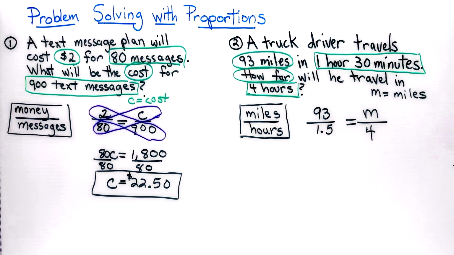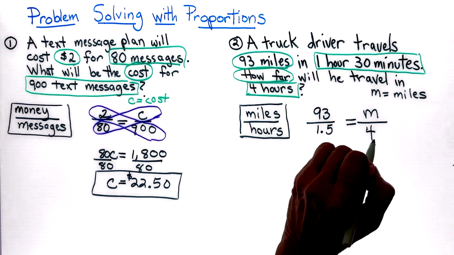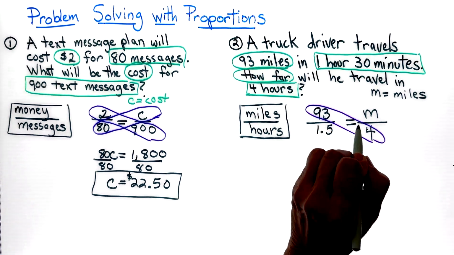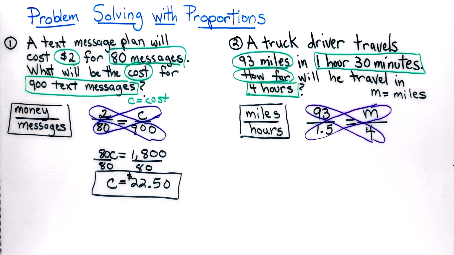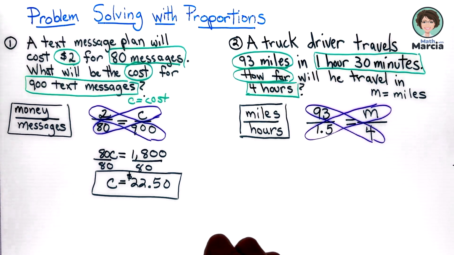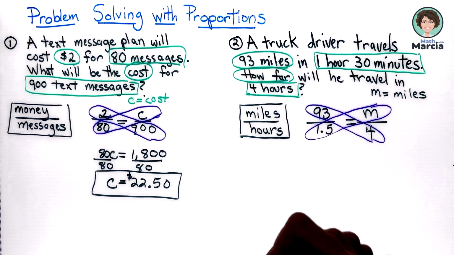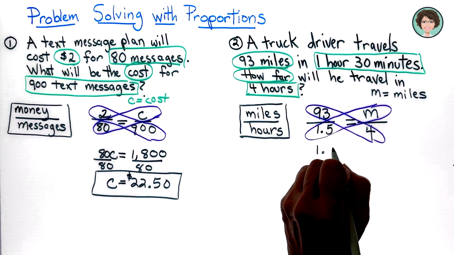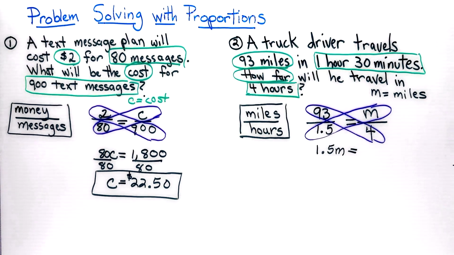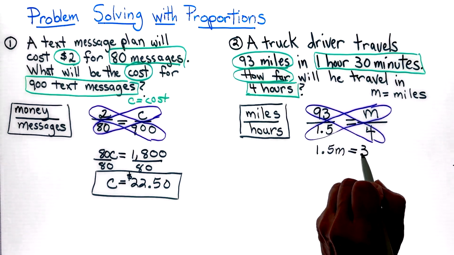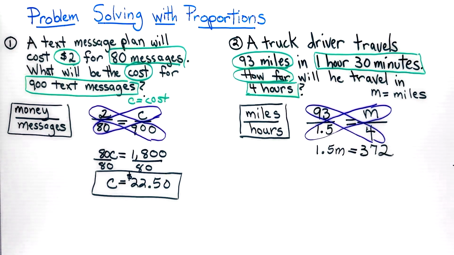Again, using our butterfly effect, or seeing it as a big multiplication symbol, I know that 1.5 times M is 1.5M. And 93 times 4 is equal to 372.